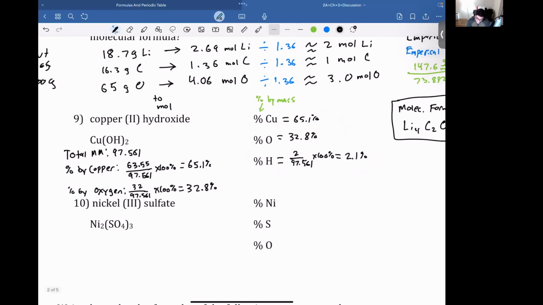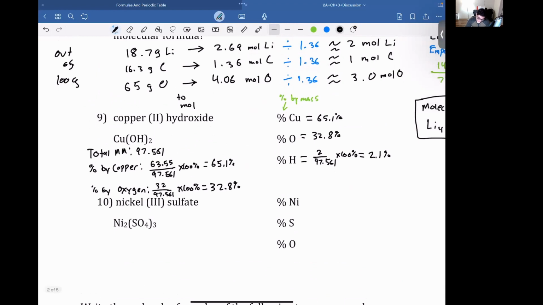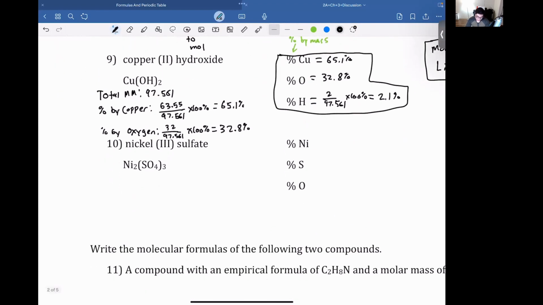All right, moving on. Whoa, my thing disappeared. There. Moving on to number 10, this is exactly the same thing. So total molar mass. You would add this up on the periodic table.